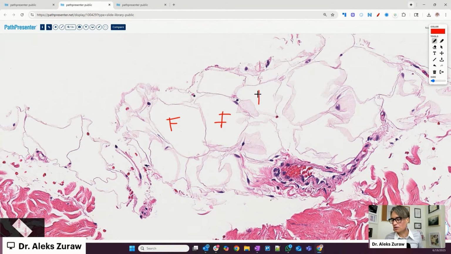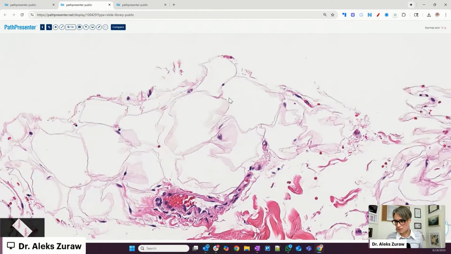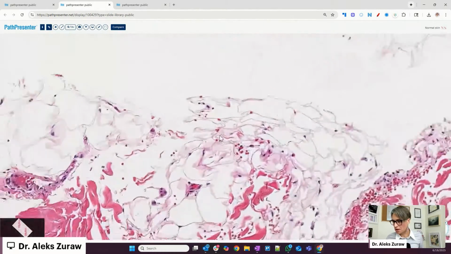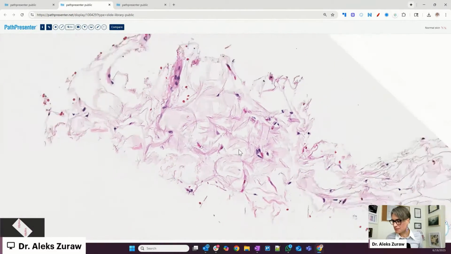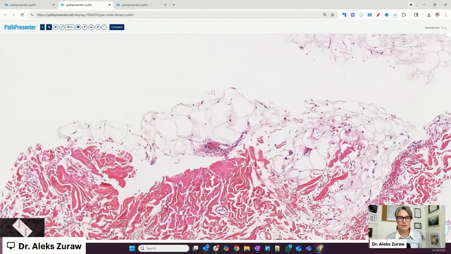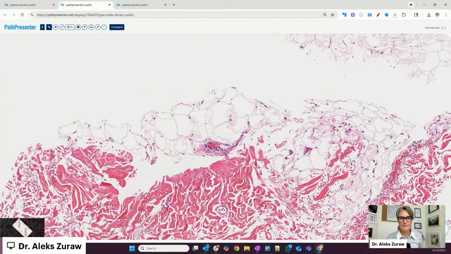All these guys are fat cells that in life are filled with fat, but when you process the slide for histology, you actually make them empty because you dissolve the fat. But this is where it was, and it's a little bit squished here and here, but definitely adipose tissue.